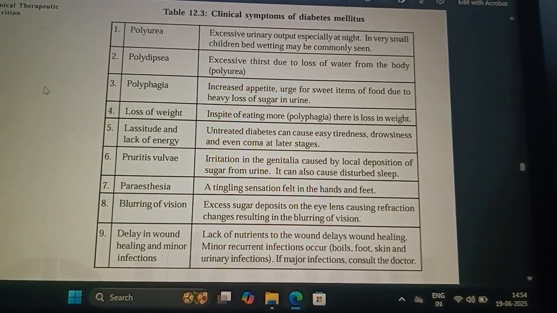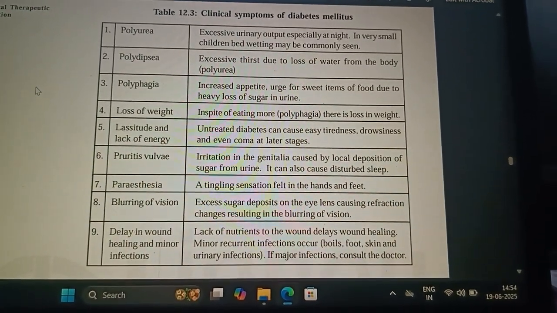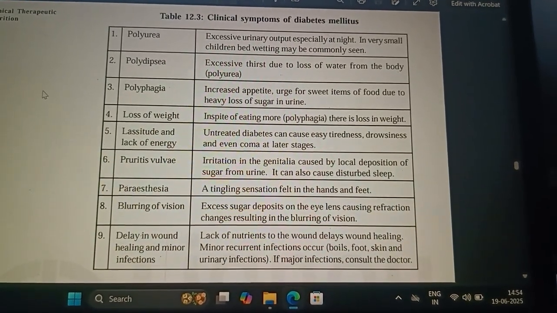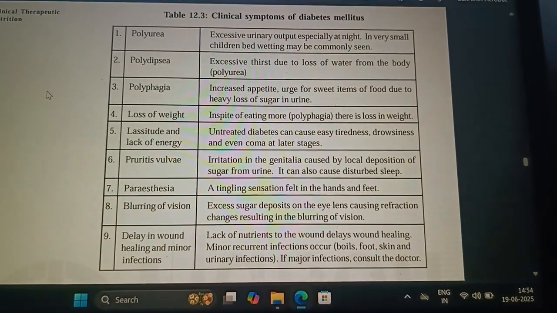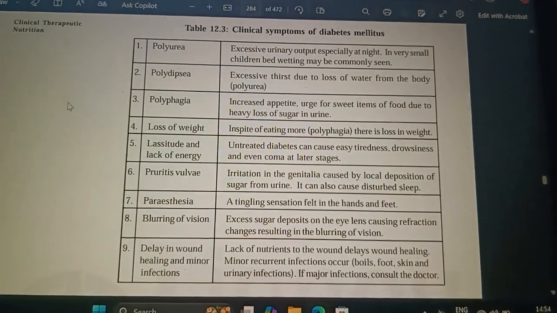But here, as I told you, diabetes is a metabolic disorder. The protein and fat get metabolized instead of the carbohydrates, which should be metabolized.